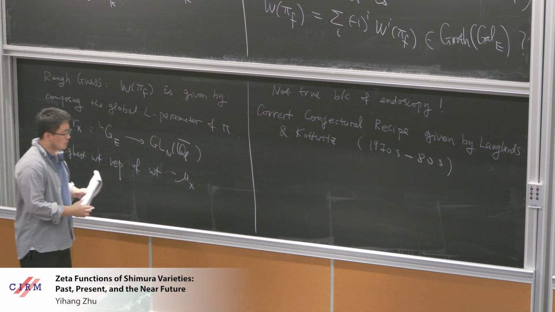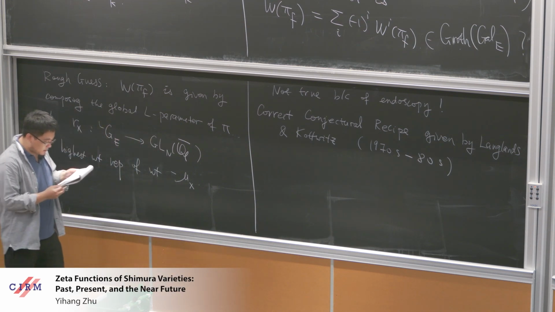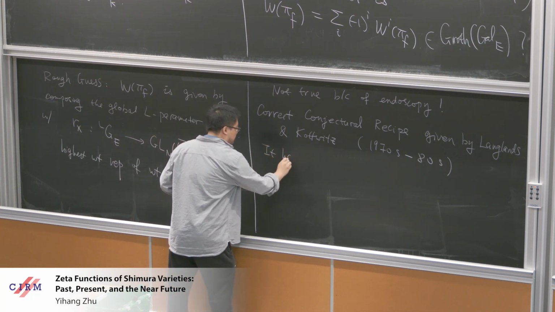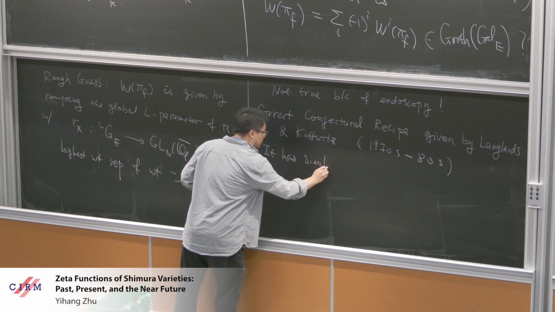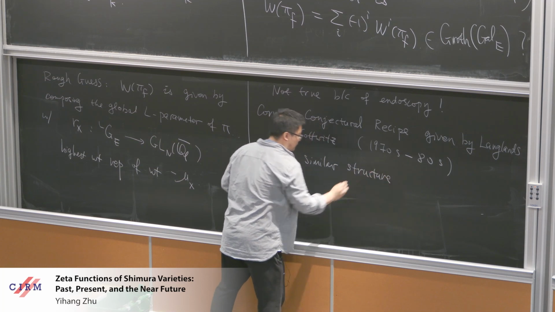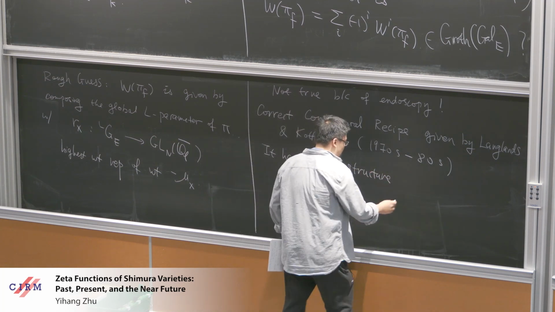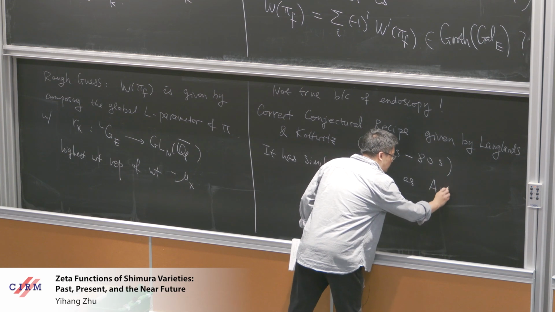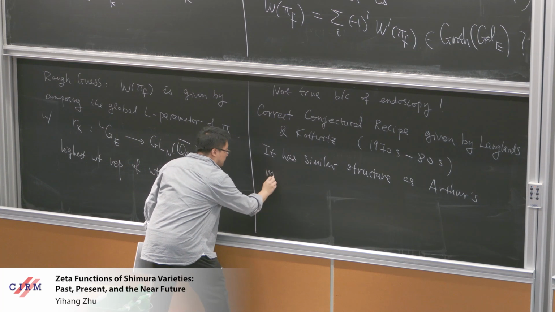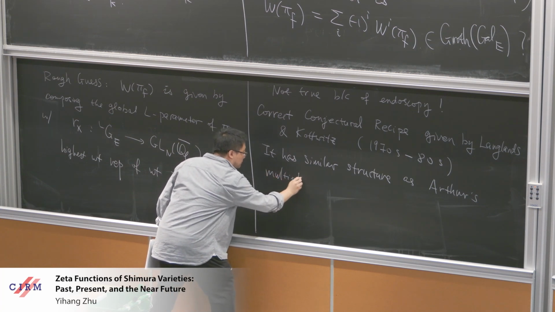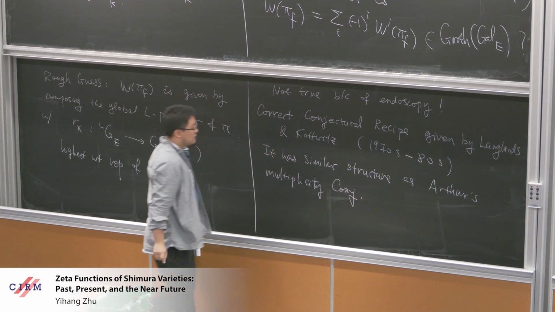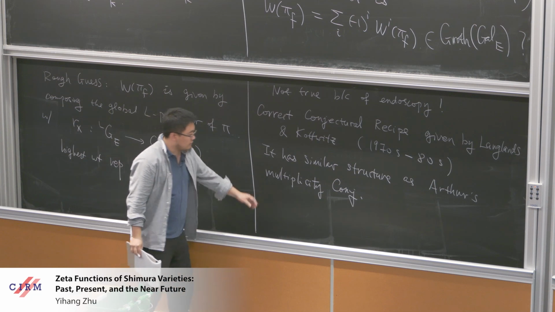I'm going to recall this recipe briefly. This recipe has a very similar structure to other multiplicity conjectures. So let me first briefly recall that.